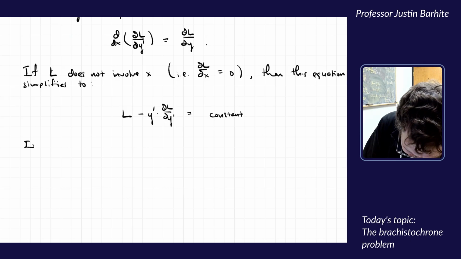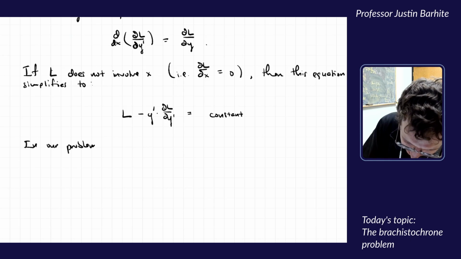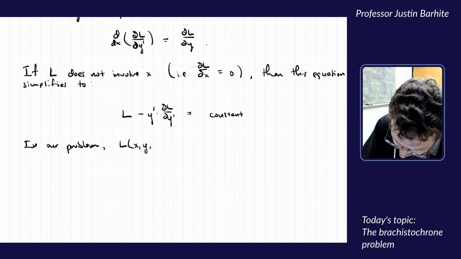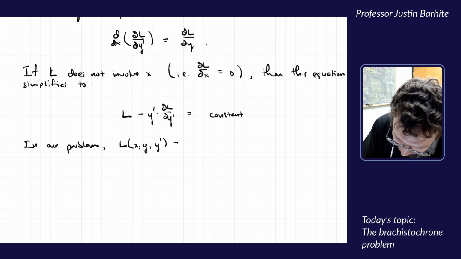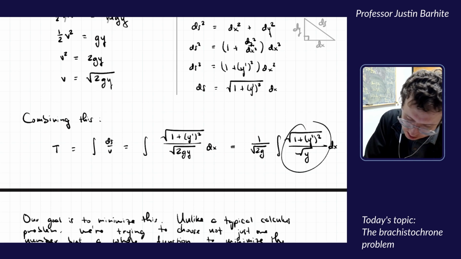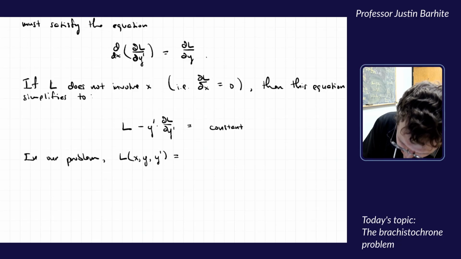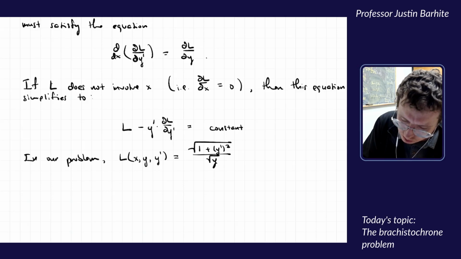So in our example, trying to find the Brachistochrone, this function L, which depends on x, y, and y prime, is this expression here, the square root of 1 plus y prime squared over the square root of y.